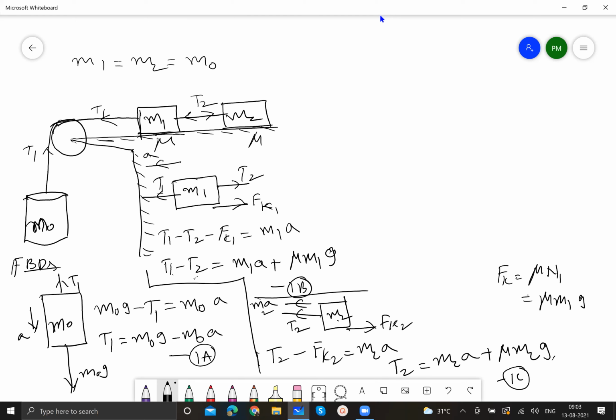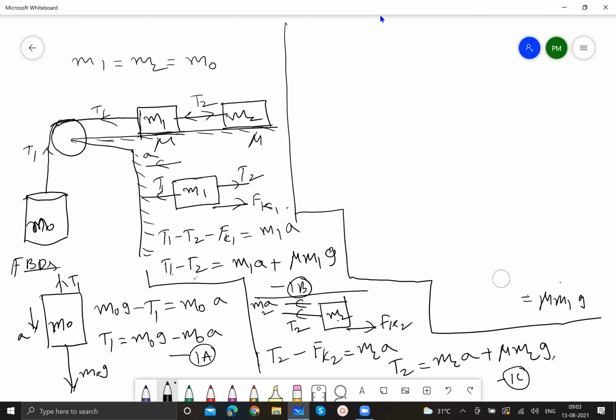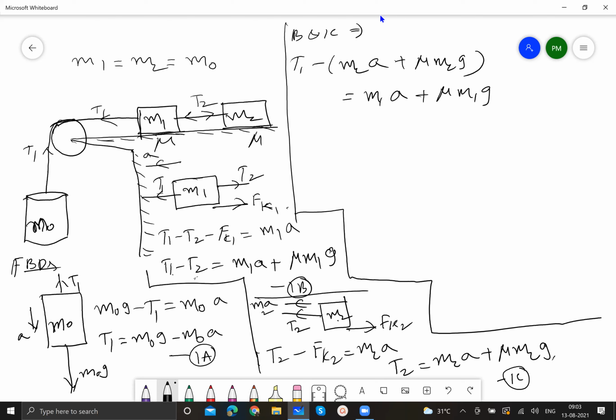So what I mean is, 1B and 1C imply T1 minus T2, where I substituted this T2 as M2A plus mu M2G, will be equal to M1A plus mu M1G.